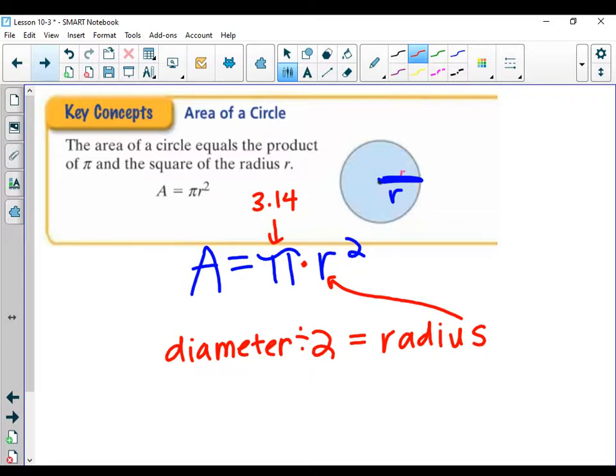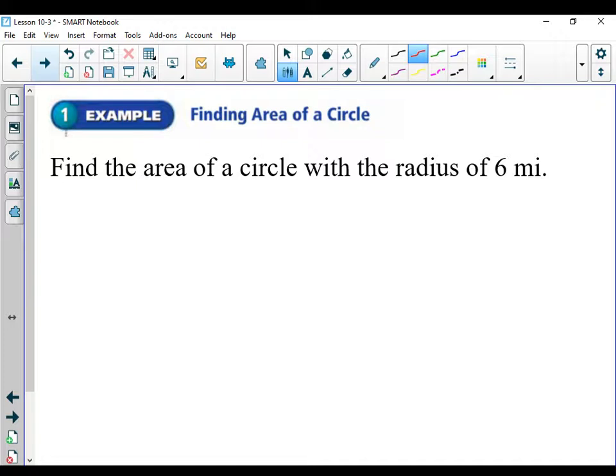So if we looked at our first box, great news, it's telling us the radius. So if my formula is pi r squared, r hops out, 6 hops in.